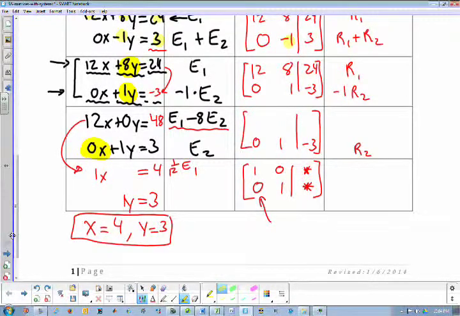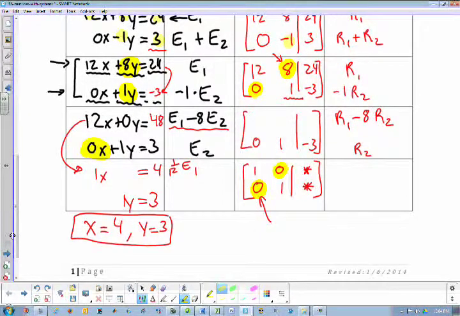And we want to take the first row and we want to make this 8 become a 0 because that's our goal down here at the bottom. We need a 0 in that position. We already have a 0 in the bottom left. That's what we want. But we need this 8 here to disappear. And so we can take 8 of the second row and subtract it from the first row. So we take the first row and we're going to subtract 8 times the second row.